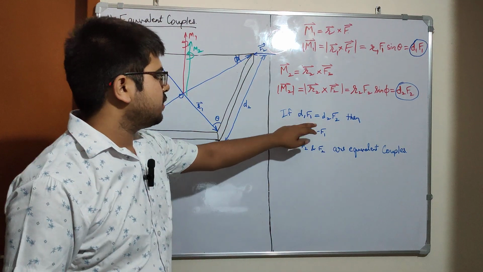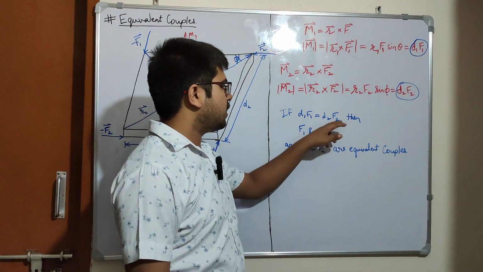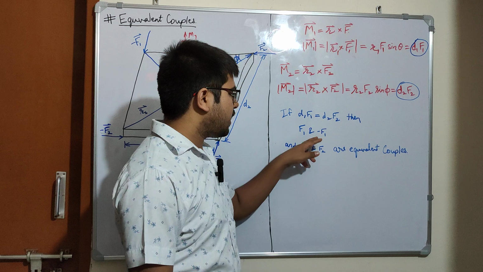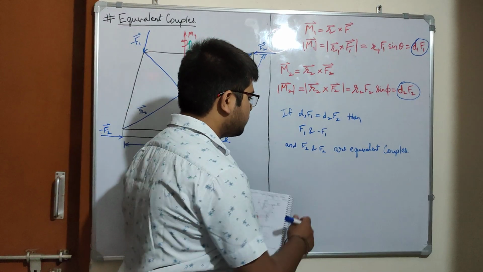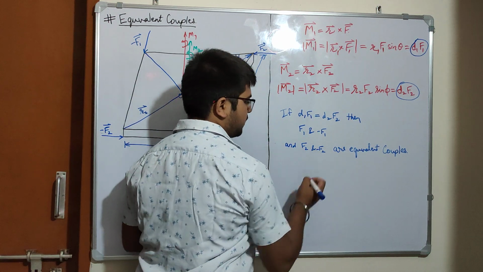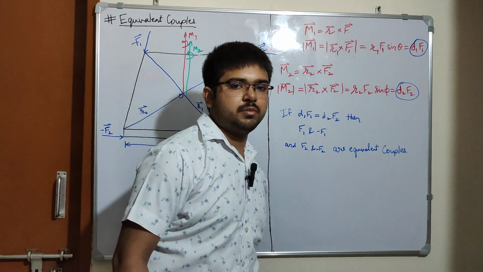So if D1 F1 and D2 F2 are equal, then F1 and minus F1 and F2 and minus F2 are equivalent couples.